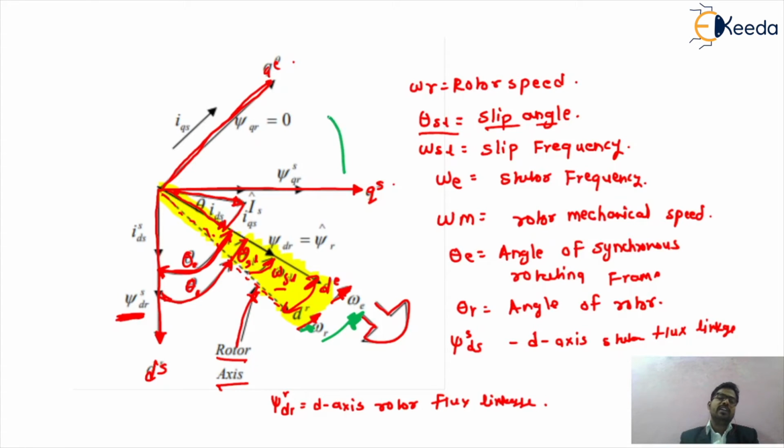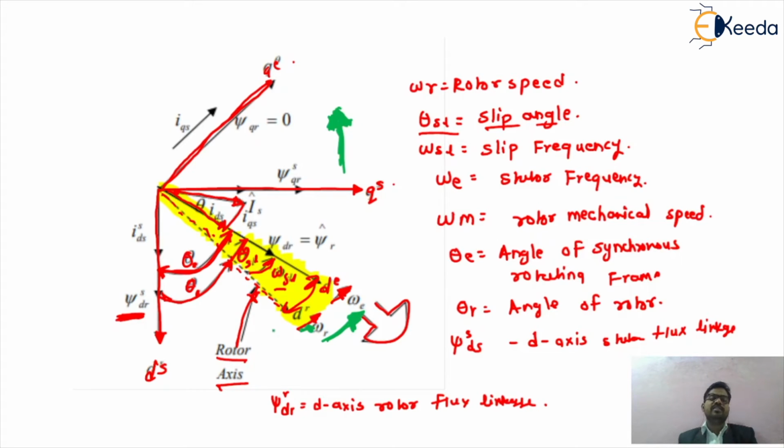So again these quantities move forward by some angle. So this will be the major difference, because the unit vector, which we call de and qe, will move forward by some angle. That will be the difference. Means we are getting the value of this slip angle, or slip speed.